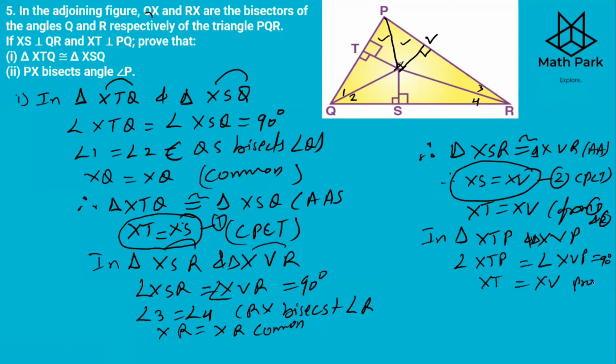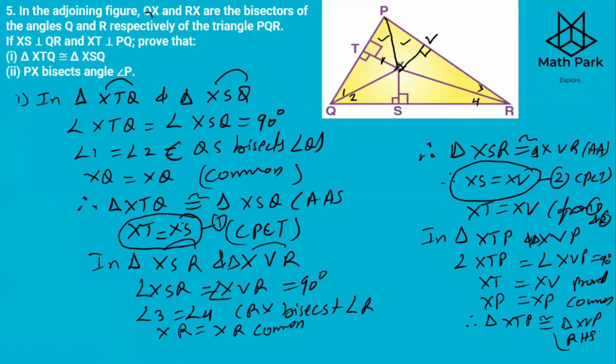Okay. And next you have XP is equal to XP common. Okay. So what do you get over here? One side, one right angle, and then the hypotenuse. So therefore you get triangle XTP is congruent to triangle XVP by RHS.